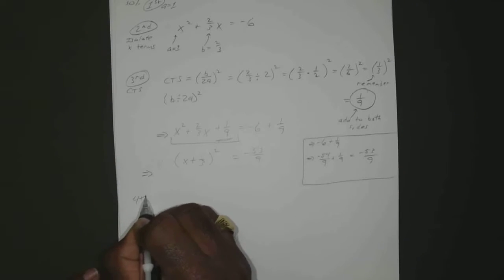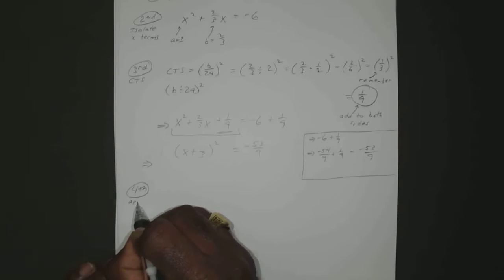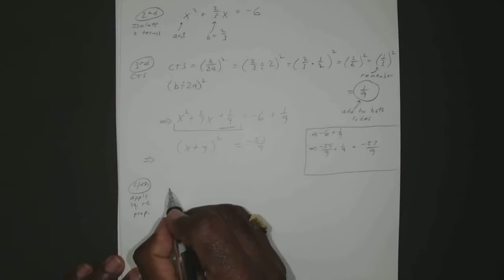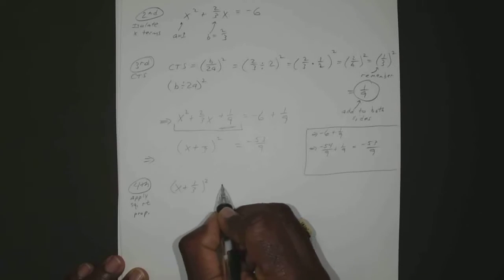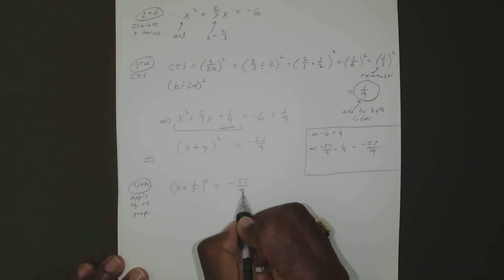Okay, so now our fourth step, we apply the square root property. Okay, so we have x plus 1/3 squared equals negative 53 over 9.